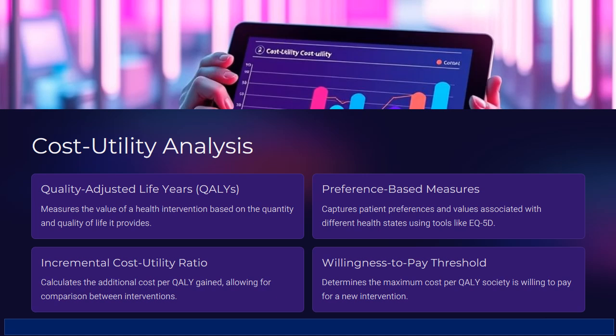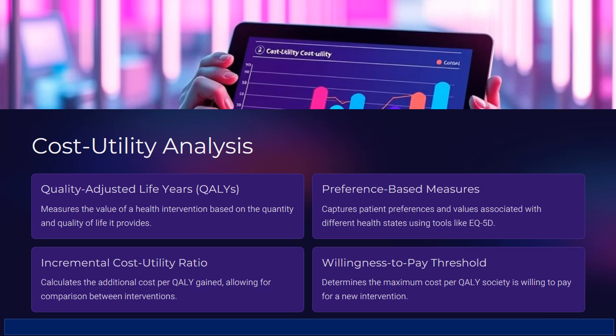The second one is preference based measures. It captures patient preferences and values associated with different health states using tools like EQ-5D and others.